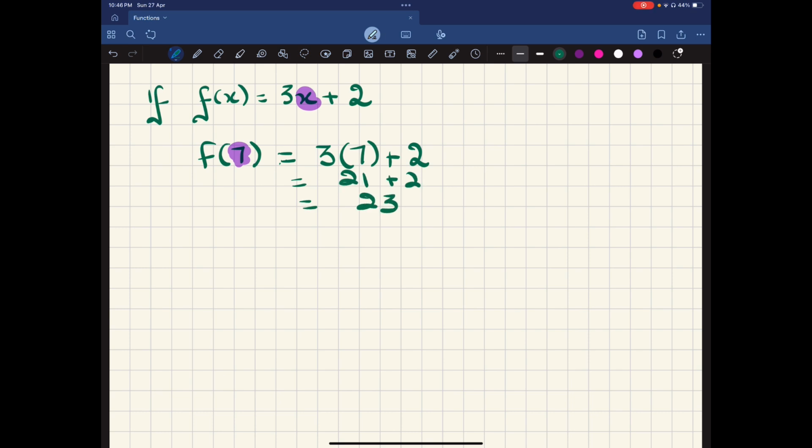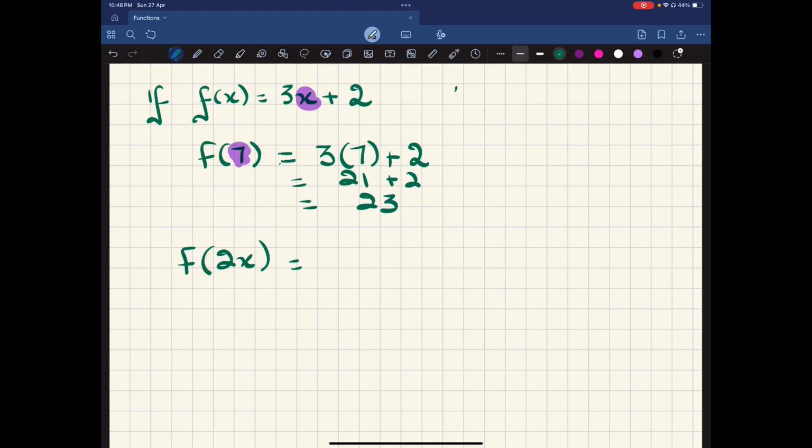Now for example, if we have f of 2x, what are you going to do? This is the name of the function. It tells you, because sometimes you might have more than one function in the question.